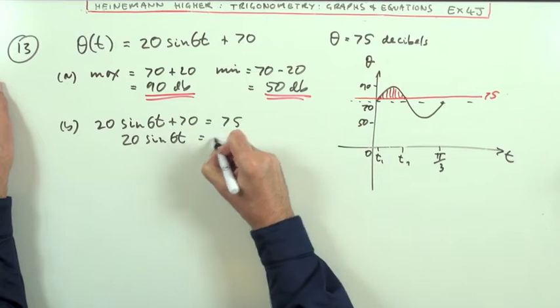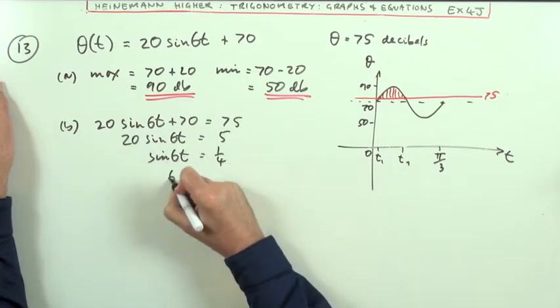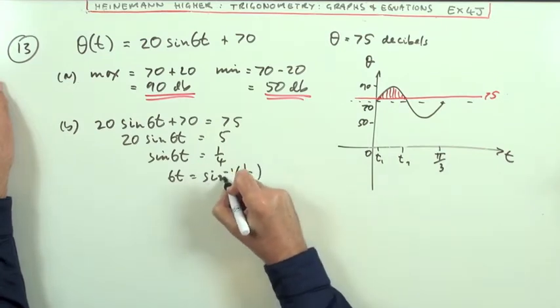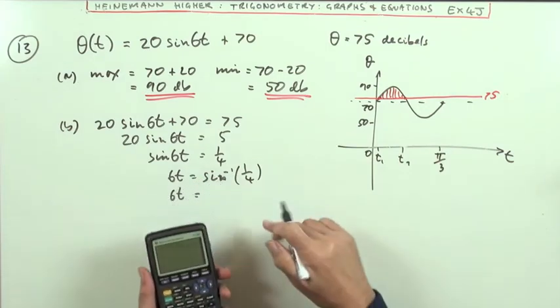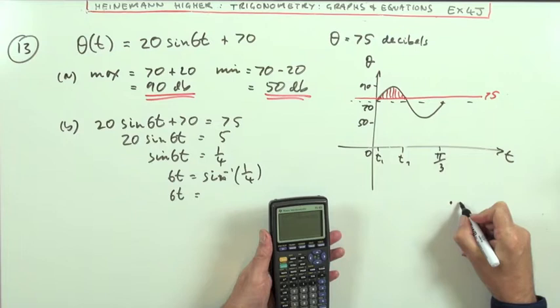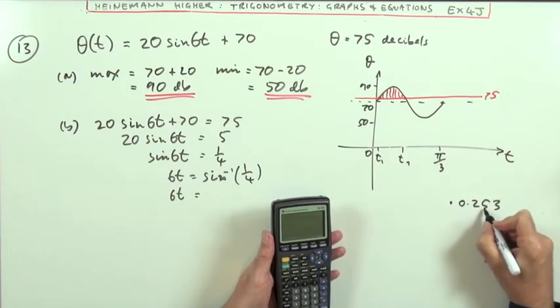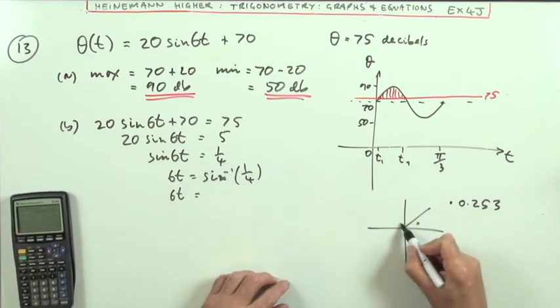20 sine 6t equals 5. Sine 6t equals a quarter. 6t is inverse sine of a quarter. I've done this in radians, and I've got 0.2526, call that 0.253. And that's going to happen when it's positive, so either here or here.